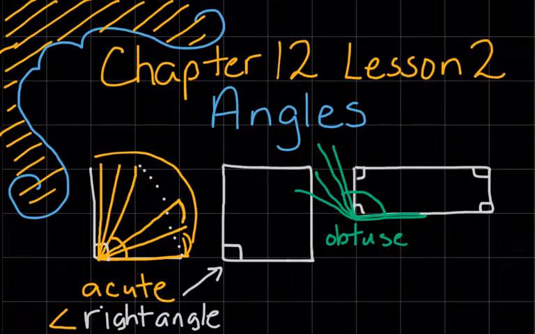But when we come over here to this obtuse angle, we open up our arms slowly to say, obtuse. And people remember. They remember the right angle.